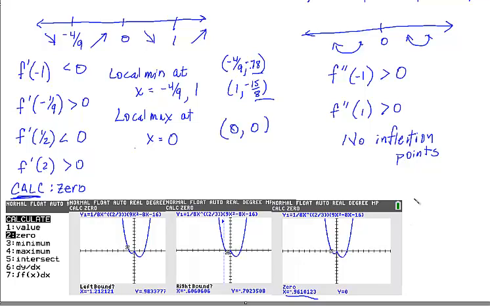I probably would zoom in on this graph and get a better graph, so I'm going to go ahead and do that and show you a graph that I would be happy with if it were my problem.